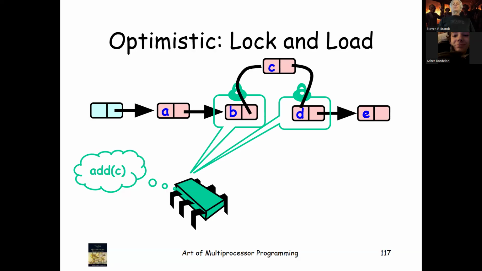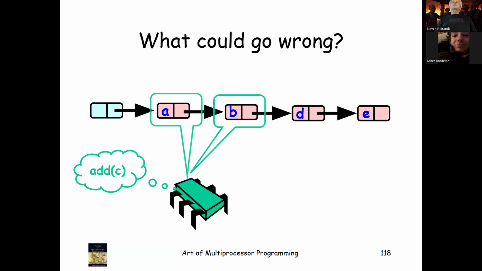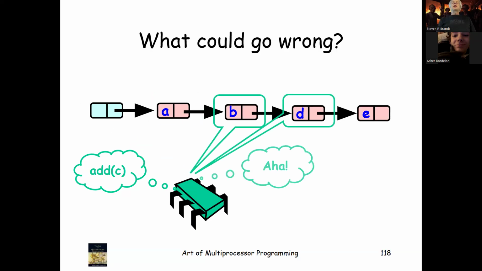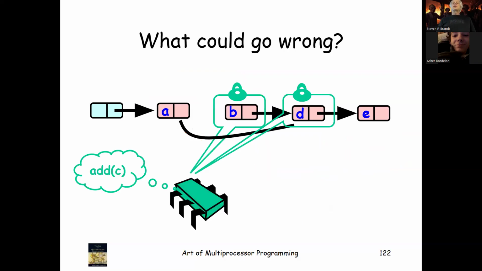I first find the things, then I lock them. So here's me going through, and I find them. And now before I can lock and load, somebody else comes in, locks those two, and removes B. I have a reference to B and a reference to D, and that all looks fine to me, so I lock them.